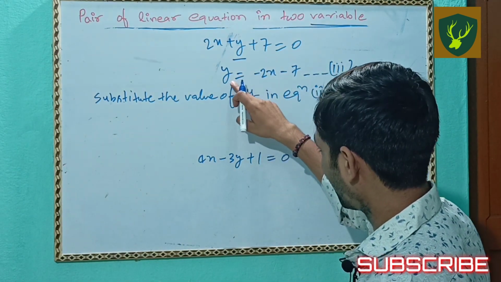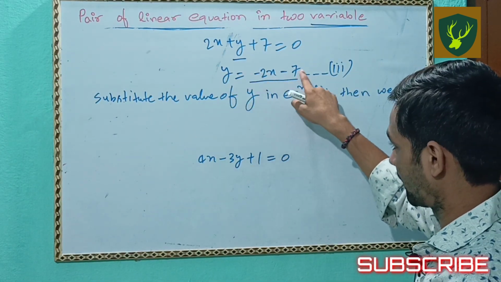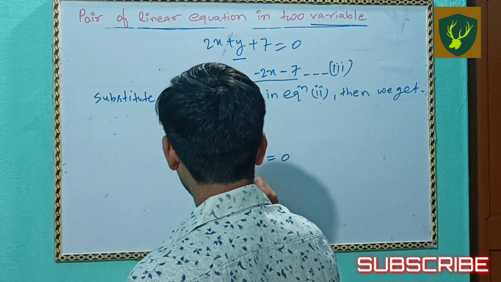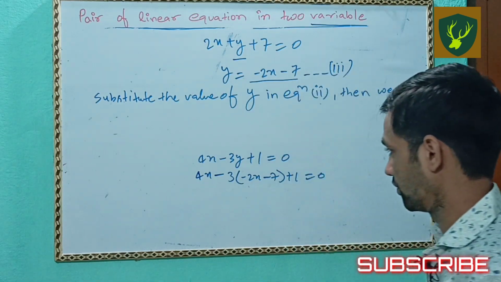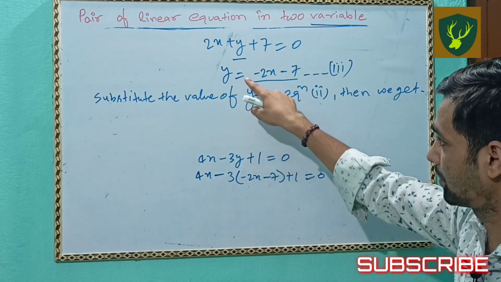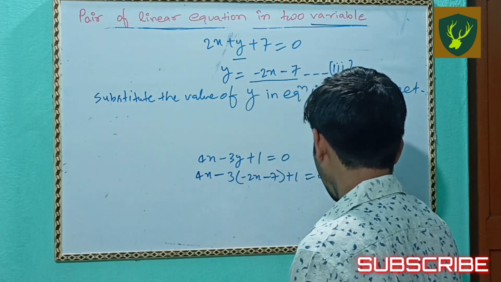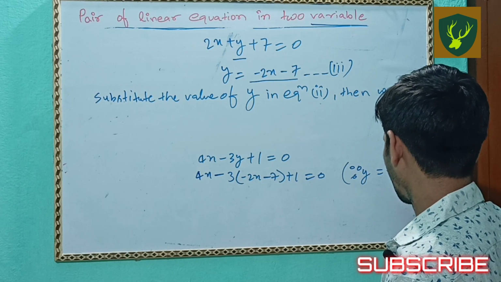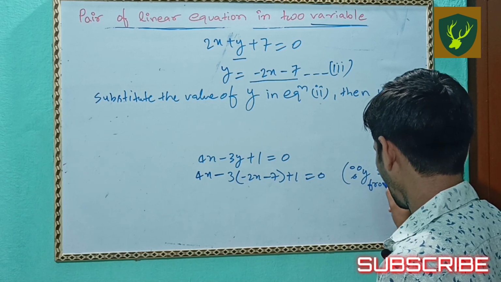Instead of y, y की जगह पे क्या रख देंगे हम? -2x minus 7. It means 4x minus 3 into (-2x minus 7) plus 1 equal to 0. y की जगह पे हो गया -2x minus 7. क्यों रखा? क्योंकि हमारे पास पहले से है कि y equal to -2x minus 7. Okay, we can write it here also that y equal to -2x minus 7 from equation 3rd.